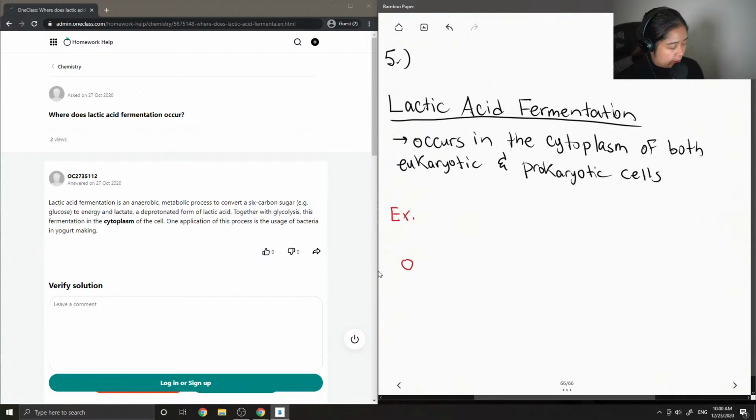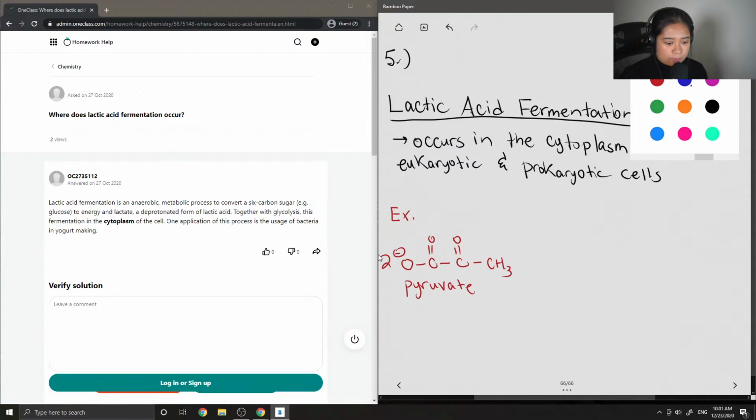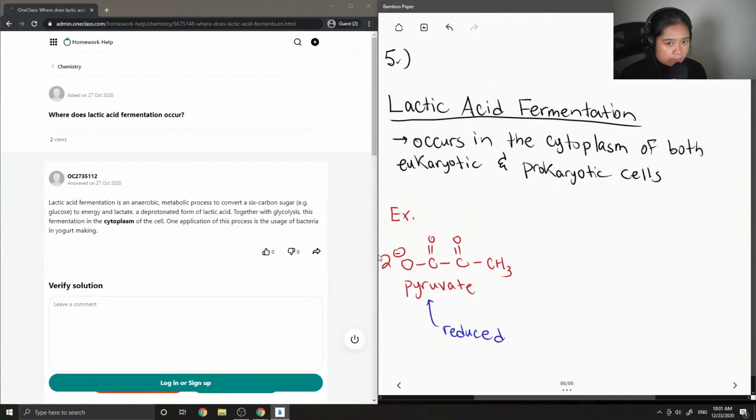So we have pyruvate, so 2 molecules of pyruvate, they get reduced and form 2 molecules of lactate.